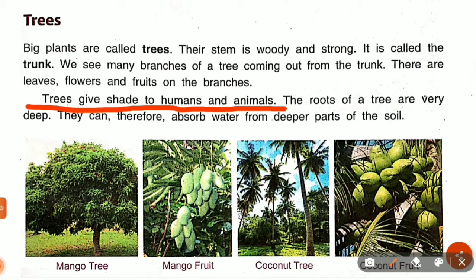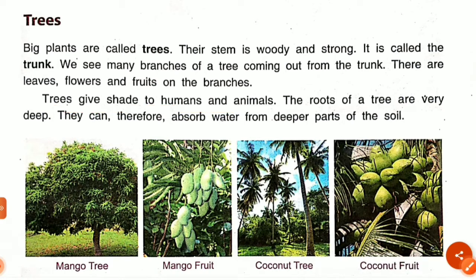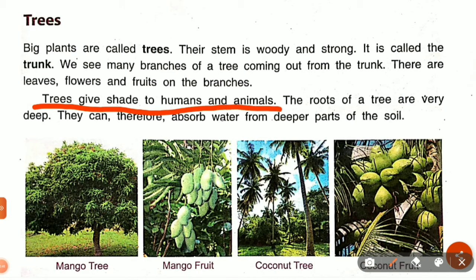So what gives us shadow? Now there are buildings, umbrellas, everything is there. But in the old ages, what did they have? They had only trees. Trees give shade to humans and animals.